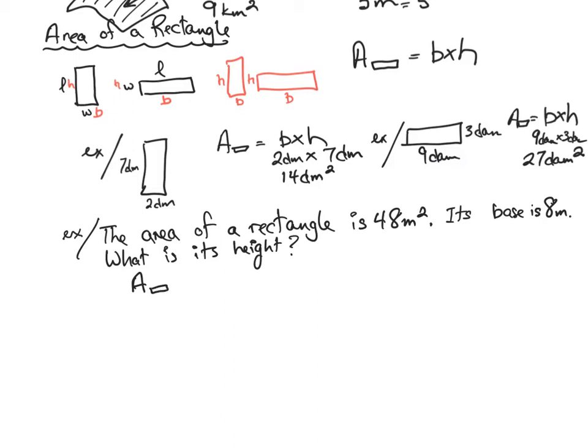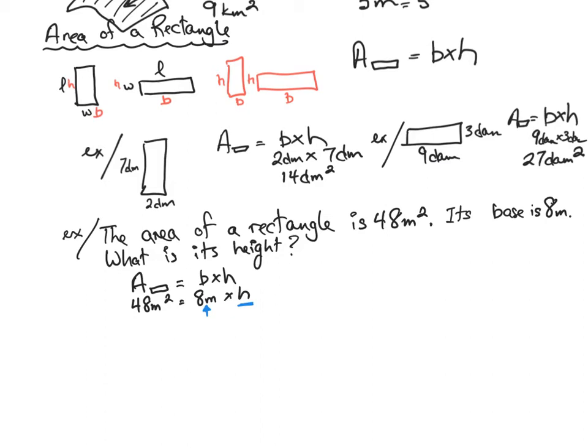Area of a rectangle equals base times height. Here, I'm given the area and I'm given the base, and what I'm looking for is the height. Well, I know that I have to isolate for the h, and the best way to do that is to get rid of the 8 meters. How do I get rid of it?